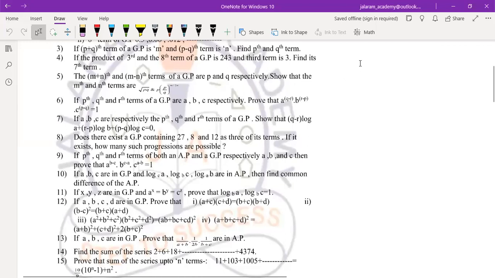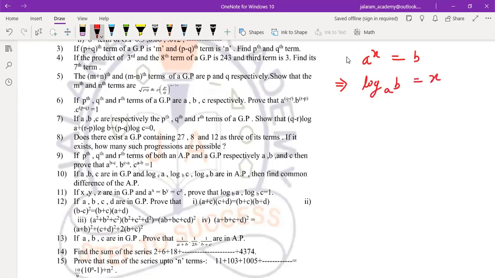So first we will discuss some properties of log so that they can be used in GP or AP also. We know that if in indices form a to the power x equals b, it can be converted to logarithmic form by writing log b base a equals x.